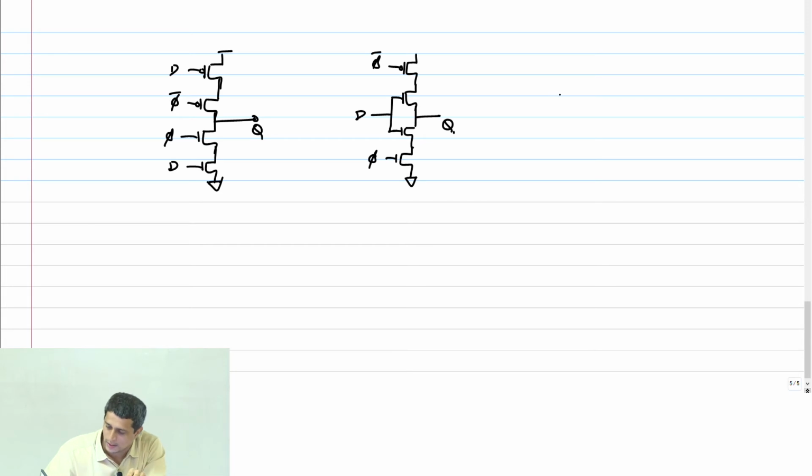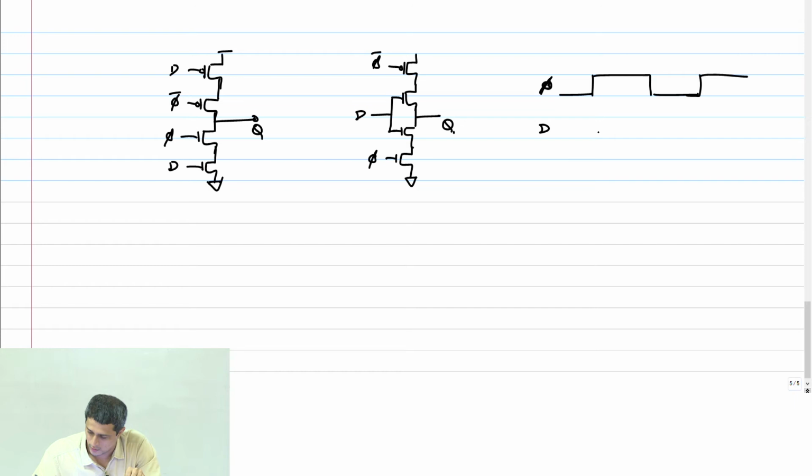So let us look at what we want from a flop. This is my clock, this is phi. This is my D. So let's say that my D is changing like this.